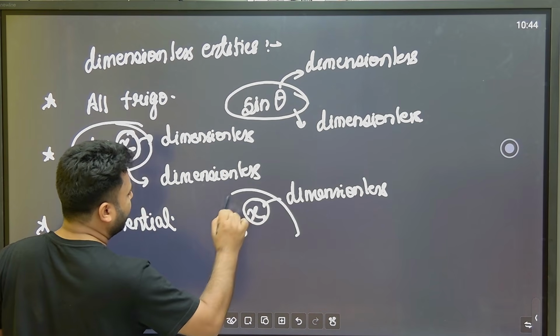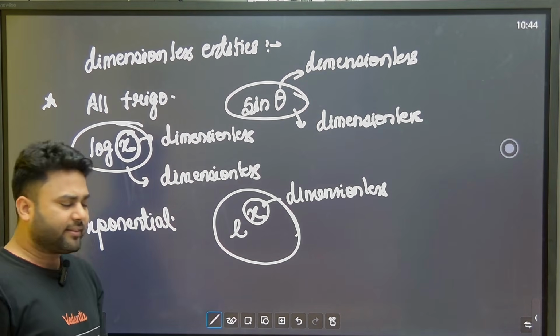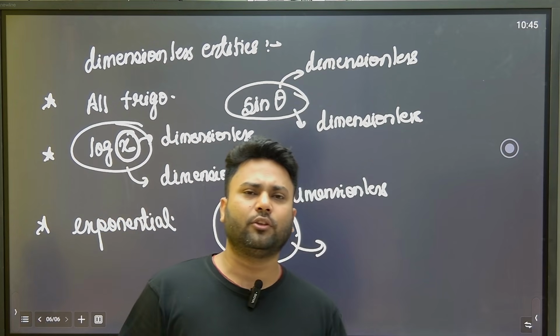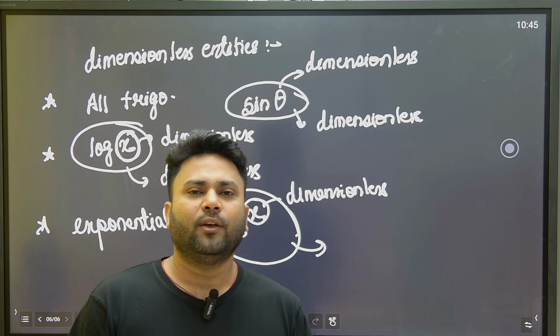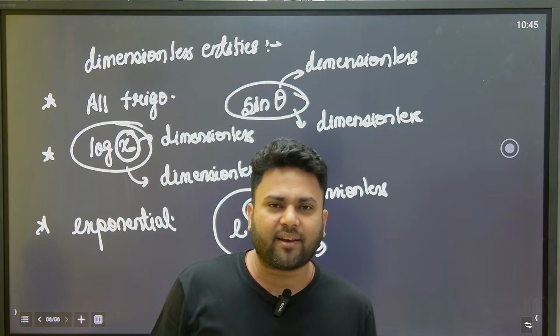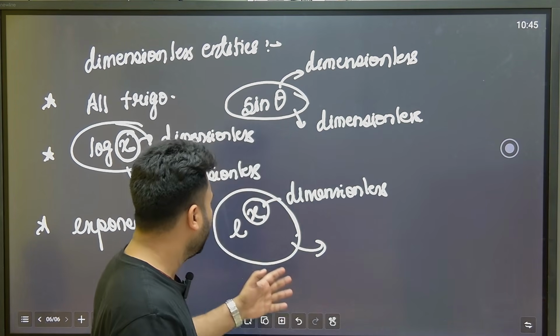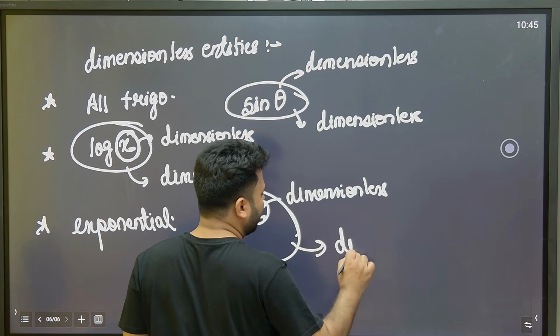And whatever we are getting, the whole thing, e to the power x, is also dimensionless, because e is also a number, 2.71, Euler's number. So a number to the power number will be a number. It does not possess mass, length and time. So this will also be dimensionless.